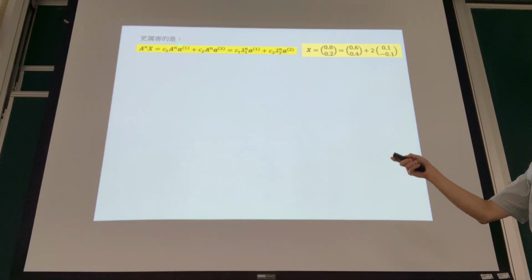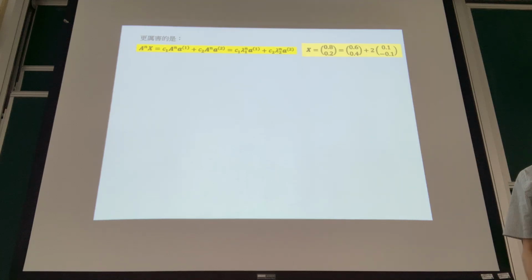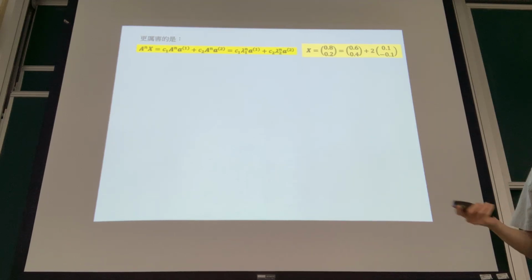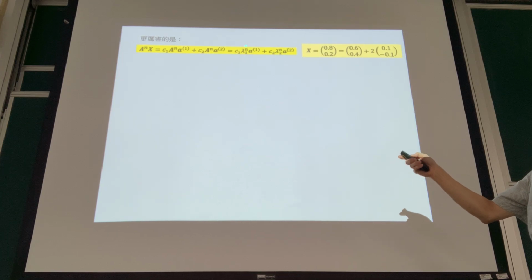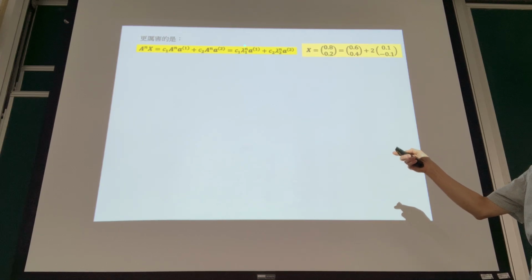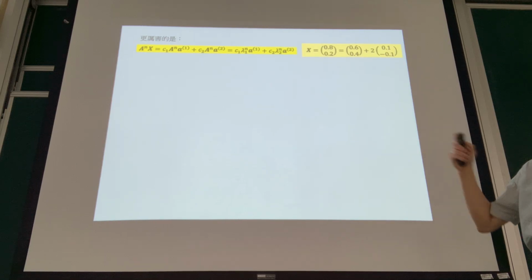Therefore, A to the nth times A1 is equal to lambda 1 to the nth times A1, and A to the nth times A2 is equal to lambda 2 to the nth times A2. It's solved. So A to the nth times x is equal to C1 lambda 1 to the nth A1 plus C2 lambda 2 to the nth A2.